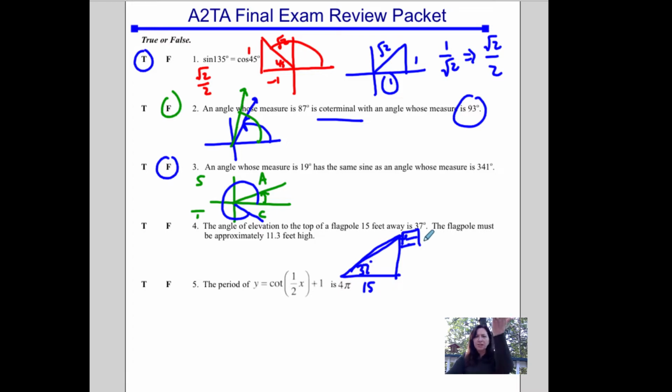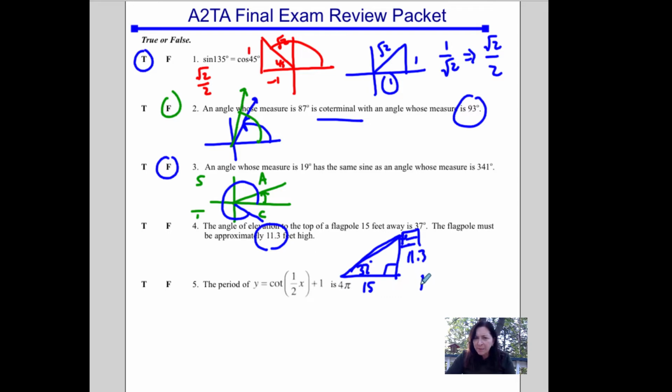So angle of elevation is going up. The flagpole must be approximately 11.3 in height, so they're saying that's 11.3. So what you're going to do is this is opposite and adjacent, this being a right angle because a flagpole is going to be perpendicular with the ground.